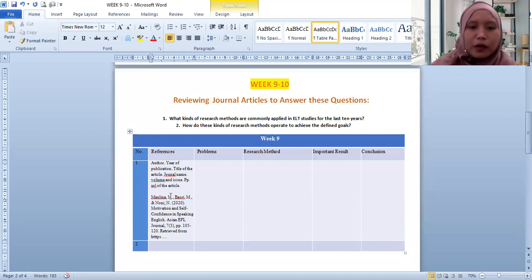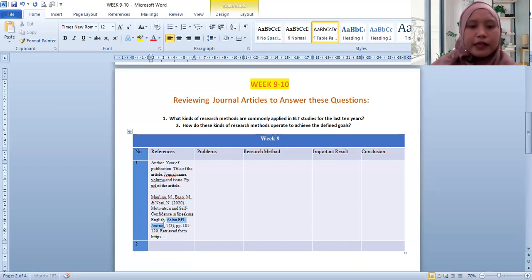Maulina, last name first, and the first name you have to initialize, and then the second author, last name and first name, and then the last co-author if the article has three authors. Okay, last name and first name. Publication year, the title of the article, and the journal name.